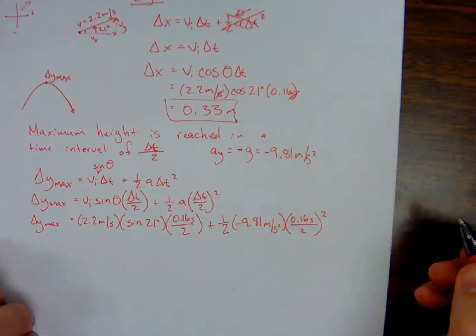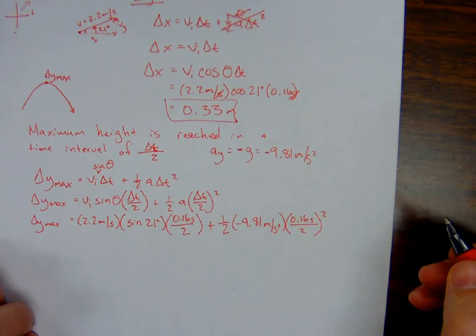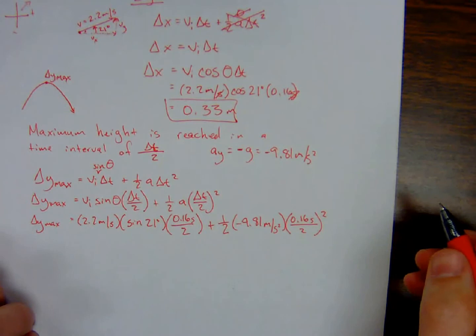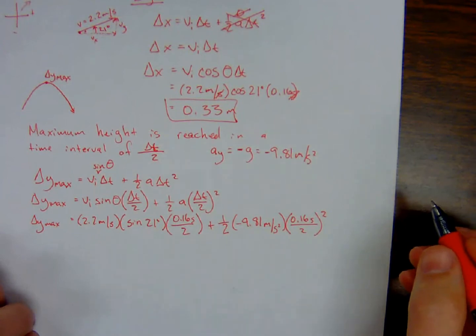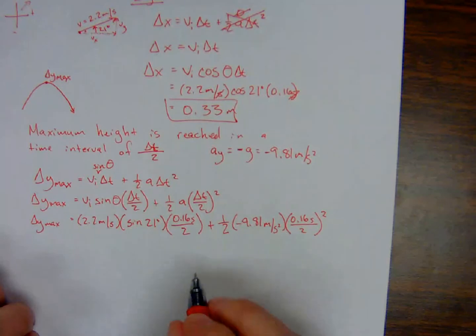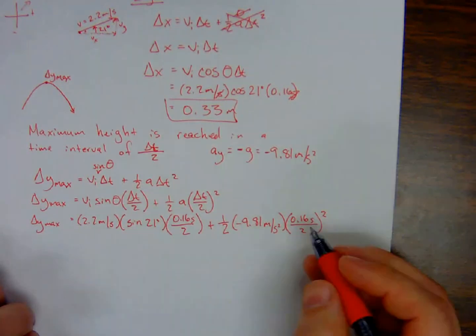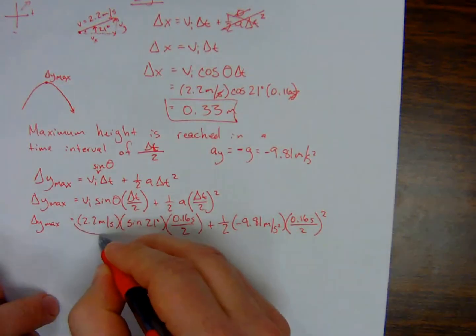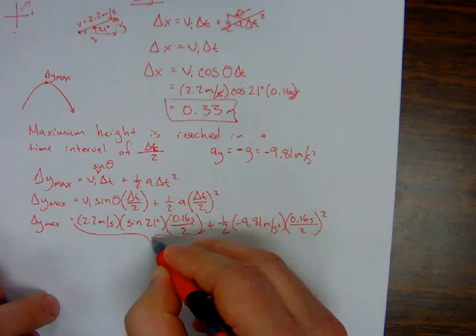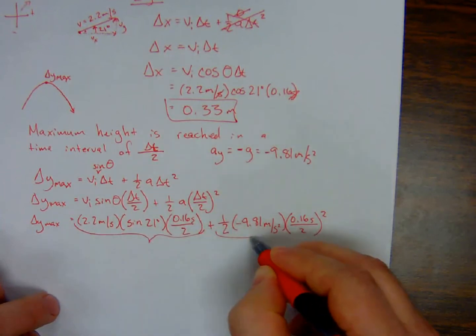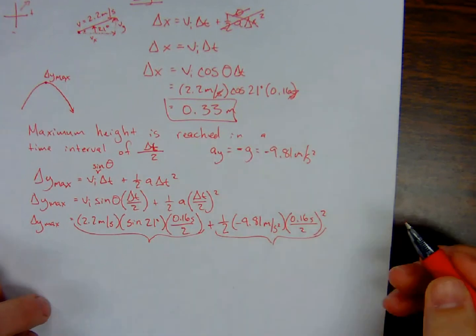And if I have done this correctly, which I'm pretty sure I have, this part of the equation ends up being 6.03 times 10 to the negative second meters. And this one over here, with that negative sign, ends up being negative 3.1 times 10 to the negative second meters.